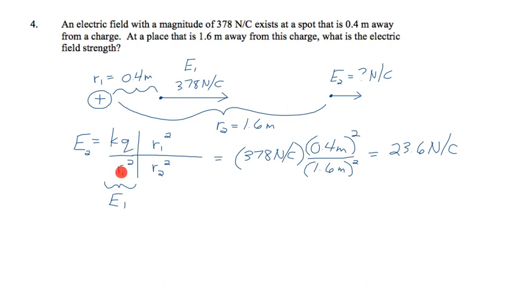I want to get rid of R1 squared because E2 does not equal KQ over R1 squared. It equals KQ over R2 squared. Just like anytime I do any conversion, whatever I'm trying to get rid of goes on the opposite side of the fraction line in the next fraction down. So I get rid of it and replace it with that.